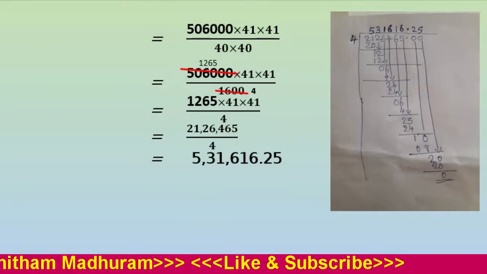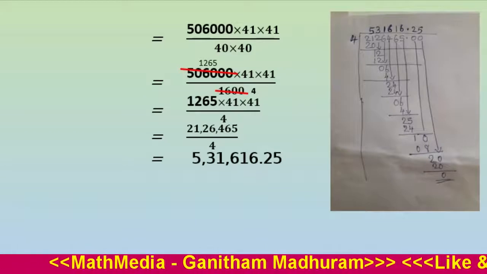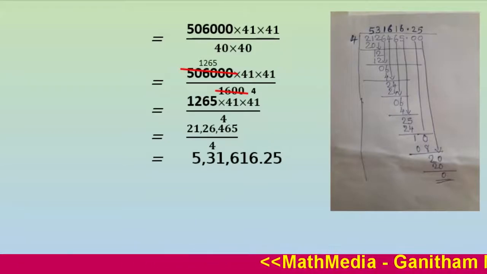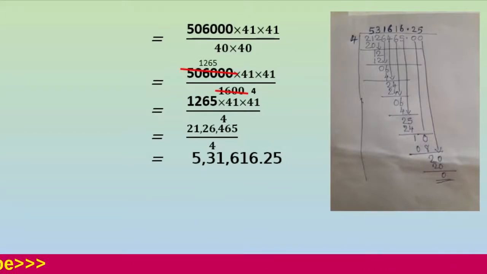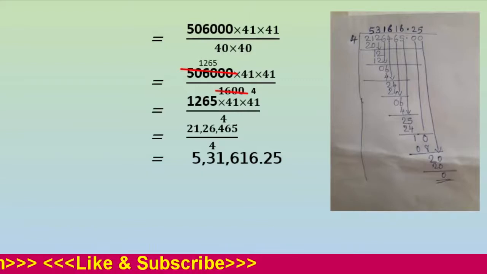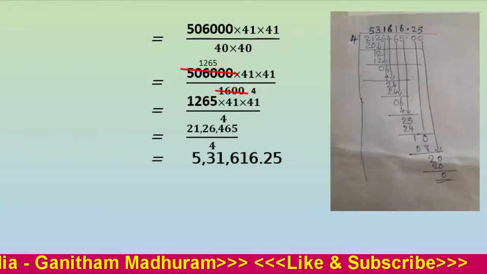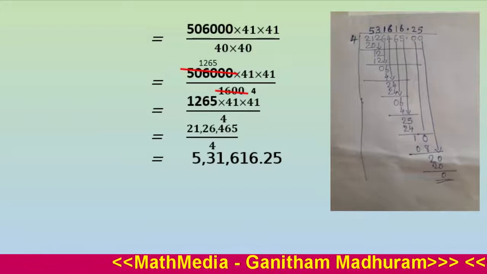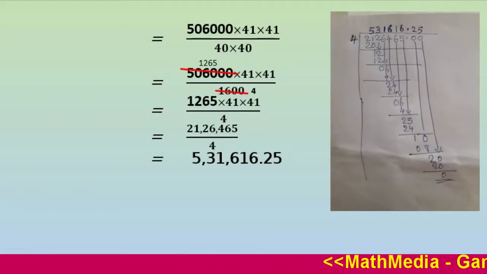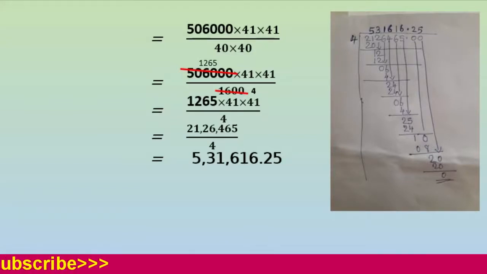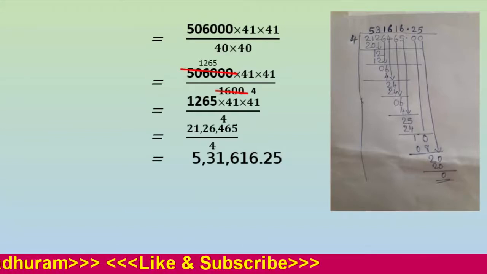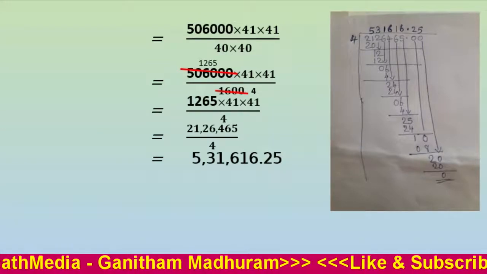So we get the answer as 5,31,616.25. The count of bacteria is asked, so we can round this number. After the decimal point it is 2, so we round off and the number will become 5,31,616.